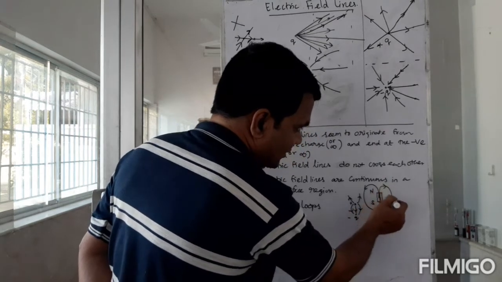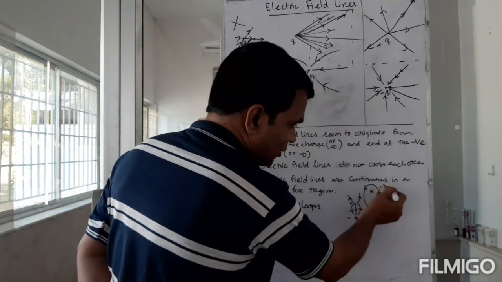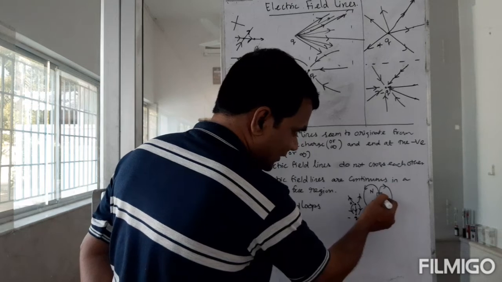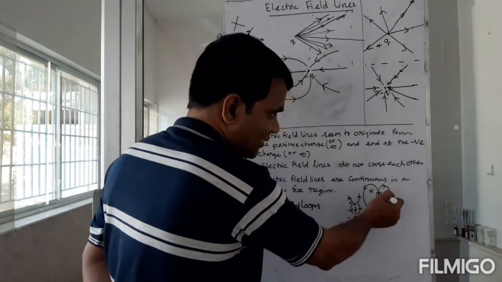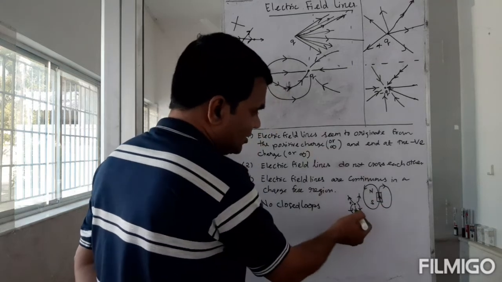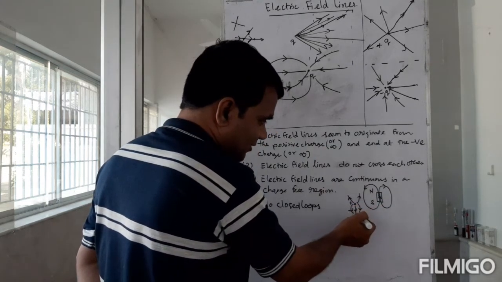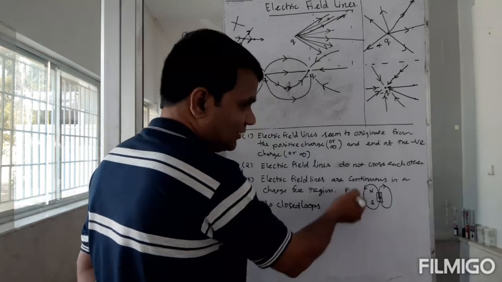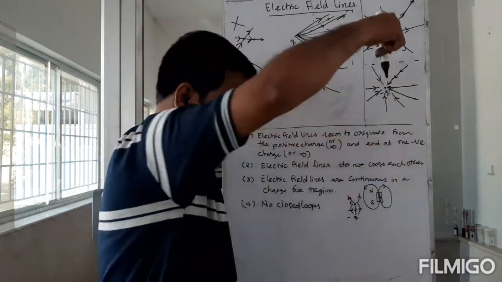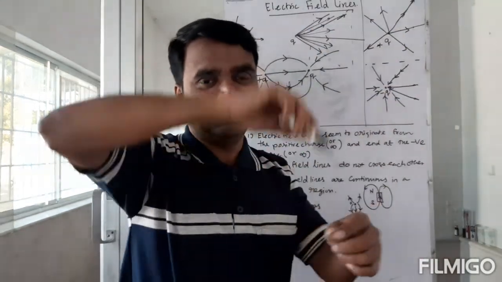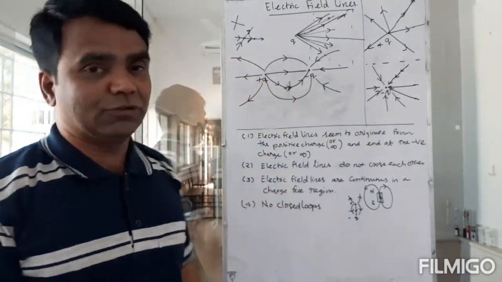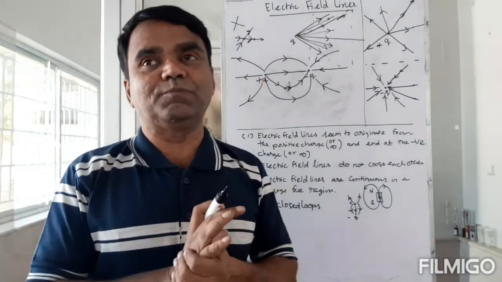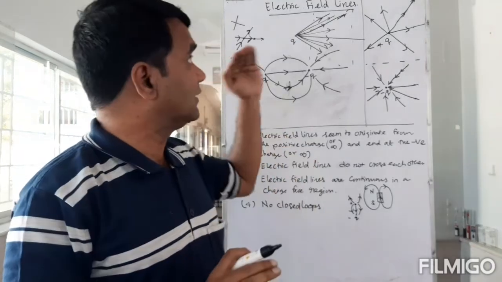But that is not true in the magnetic case. I go here, I come here, and then again it's like that. It's a complete loop in the case of a magnet. But in the case of charge, I start here, I come here, and there is no continuity. The field lines are in the opposite direction now. There is no loop. So that's the 4th point. These are the characteristics of electric field lines.